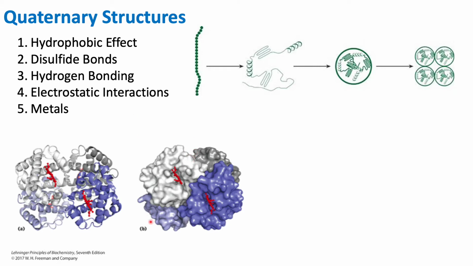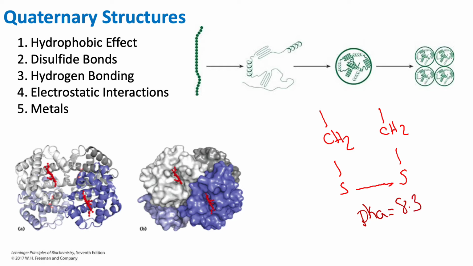Now, we can also have disulfide bonds, and remember that a disulfide bond is essentially two cysteine amino acid residues that are bound together like this. Now, what's important to note is that cysteine has a pKa of about 8.3. So when the pH is above 8.3, our sulfurs are deprotonated and we're able to get this disulfide bond.